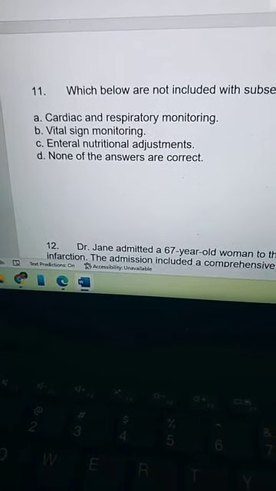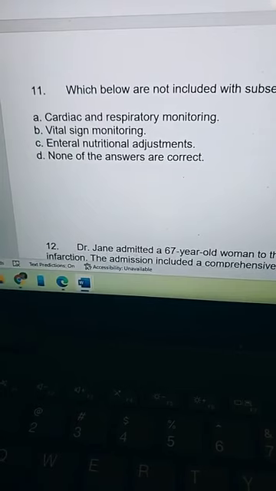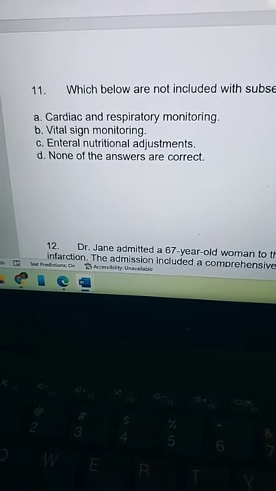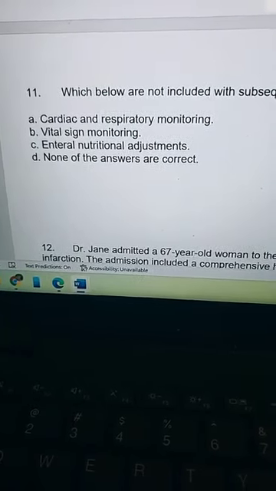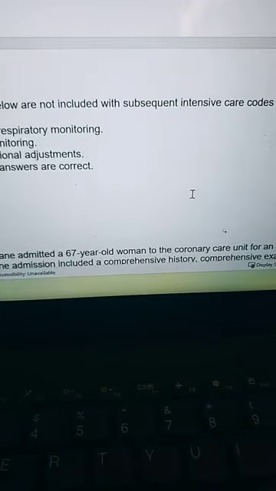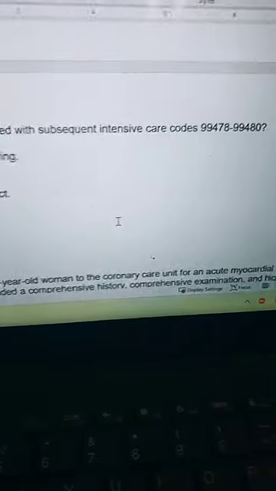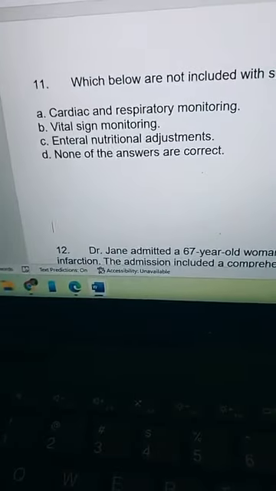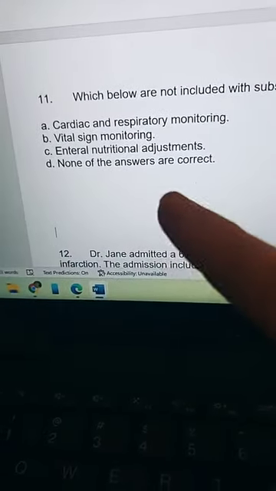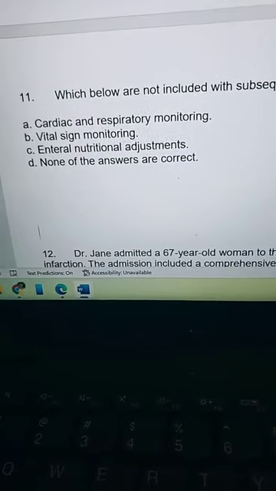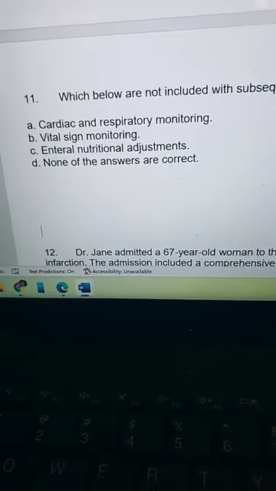Cardiac and respiratory monitoring, vital signs, and nutritional adjustments. Which ones are not included with those codes? And the answer is going to be D. None of the answers are correct.